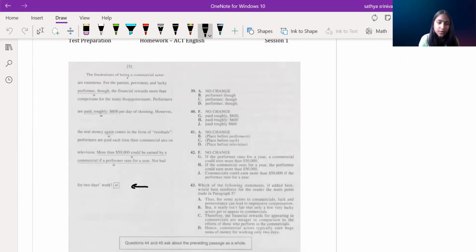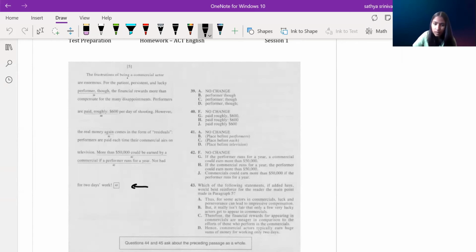For the patient, persistent, and lucky performer, though, the financial rewards more than compensate for the many disappointments. Performers are paid roughly $600 per day of shooting. However, the real money comes in the form of residuals. Performers are paid each time their commercial airs on television. More than $50,000 could be earned by a commercial if it runs for a year. Not bad for 2 days' work, right?